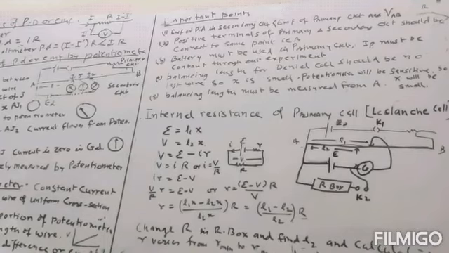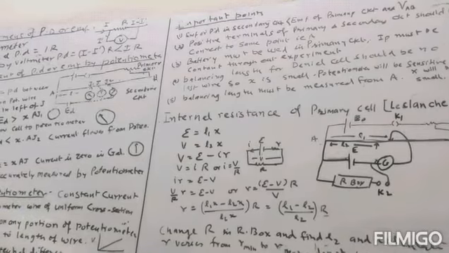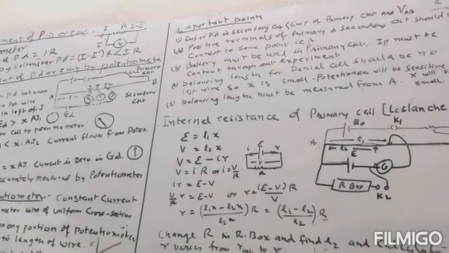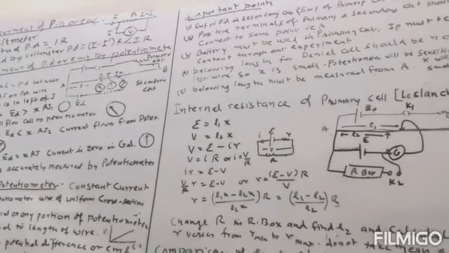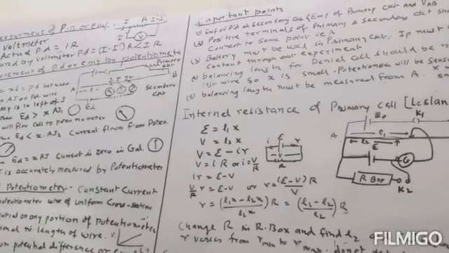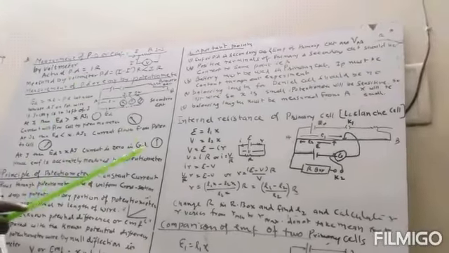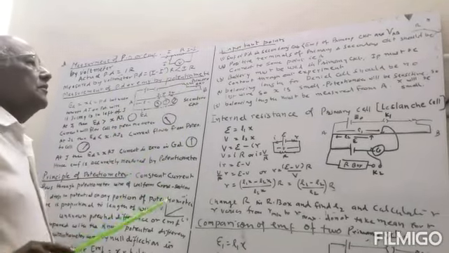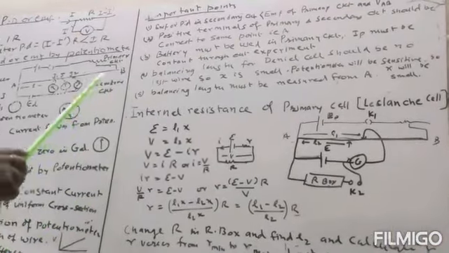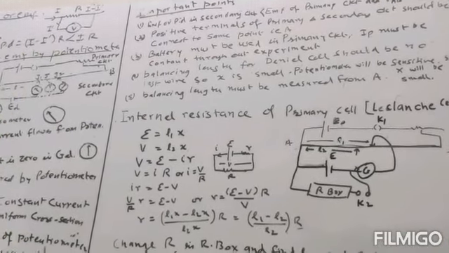If x is smaller, then the potential gradient is smaller, so it can measure minimum potential. With the help of the potentiometer we can measure the potential difference between our nerves, which is in millivolts. So these are the important points regarding the potentiometer experiment.